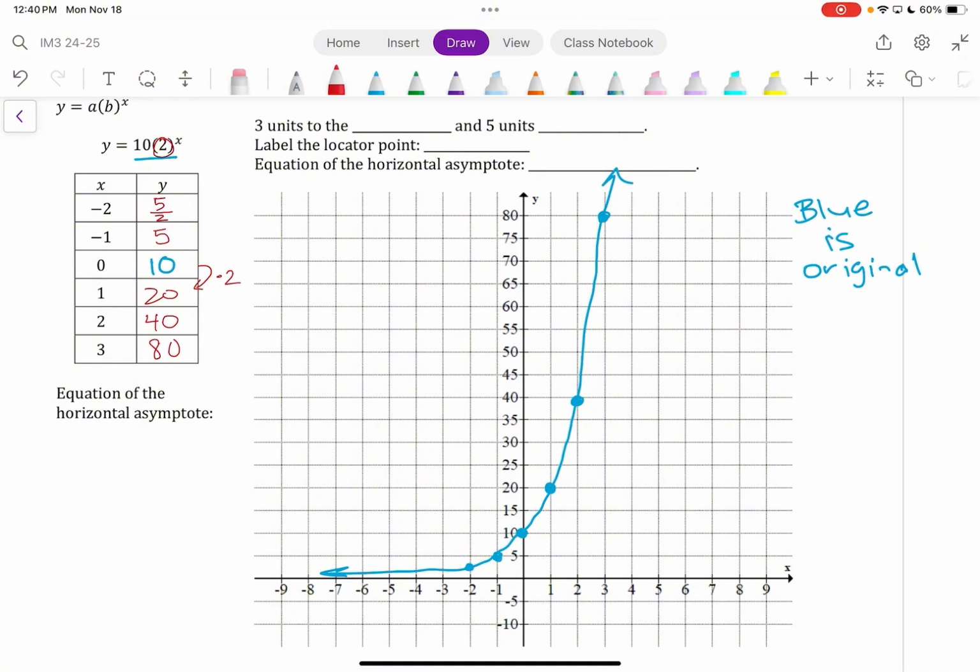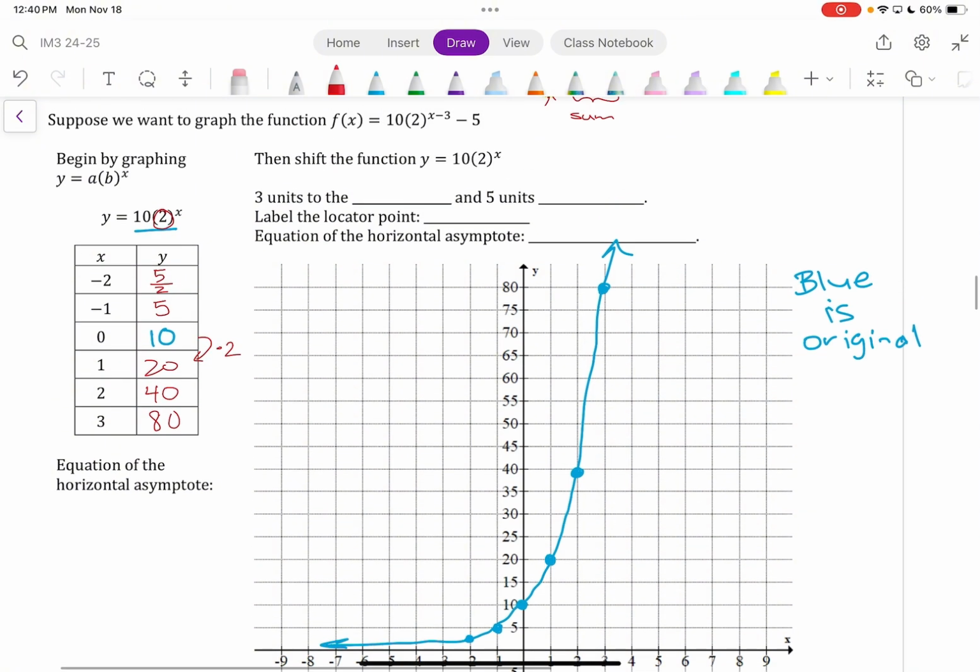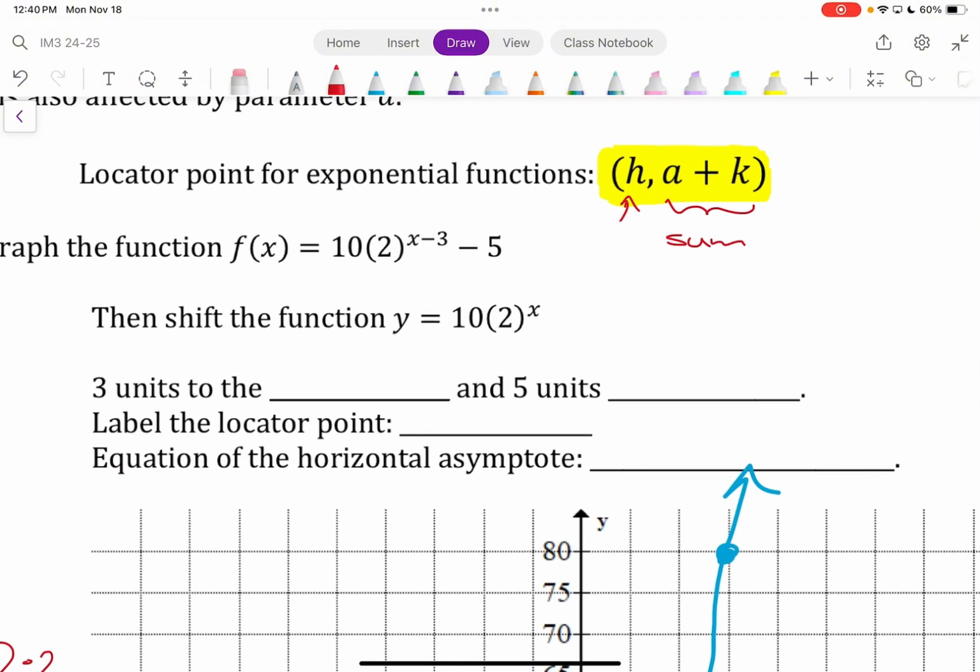This is where the transformations come in. So after you graph 10 times 2 to the x, then we're going to shift the function 10 times 2 to the x 3 units to the... If h is positive 3, then it's to the right. Now in this case, I know it looks like it's x minus 3, but remember that the minus is part of the equation.